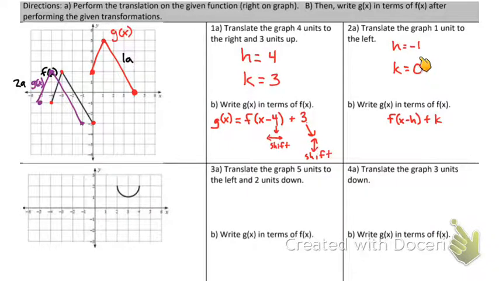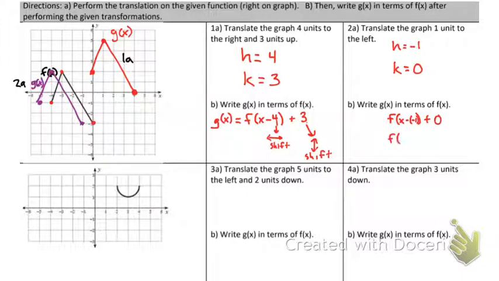All right, so we're going to take these two and plug them into our function. So it looks like this. Instead of h, we're plugging in -1. Instead of k, we're plugging in 0. As you can see, I have to clean this up a little bit because 2 negatives make a positive.